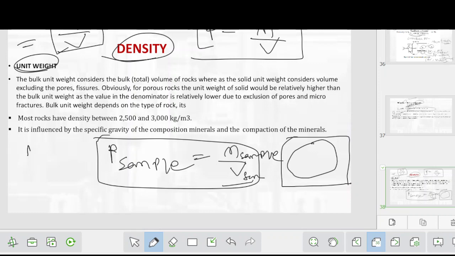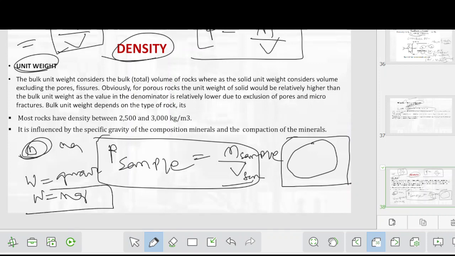What is the basic difference between mass and weight? It's simple, right? Mass is mass, and weight is due to the gravitation. M into G, right?